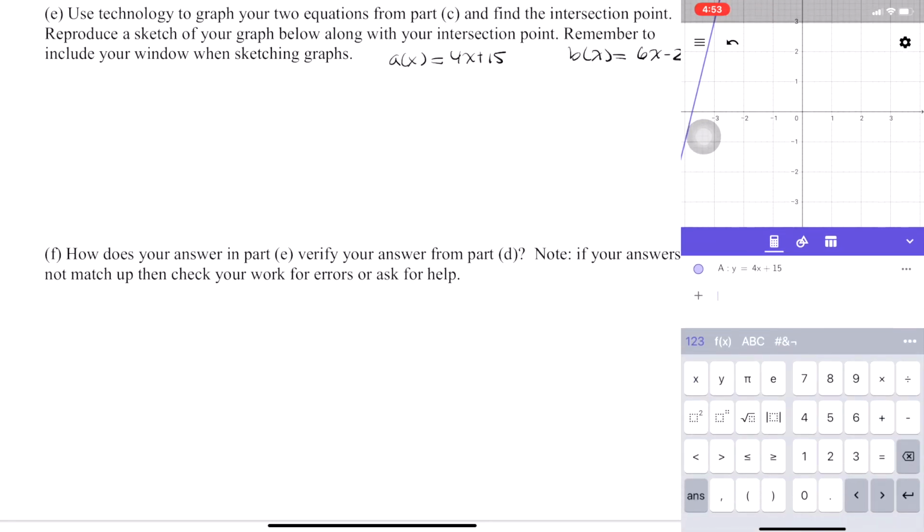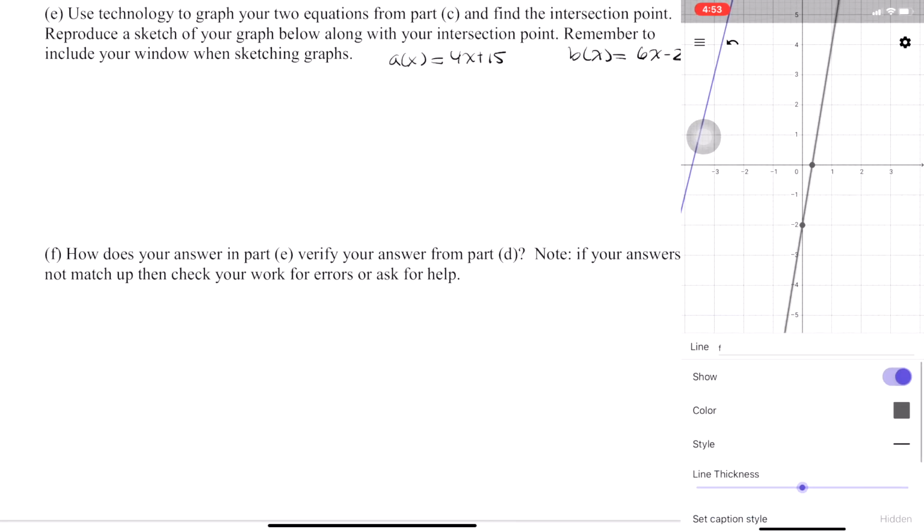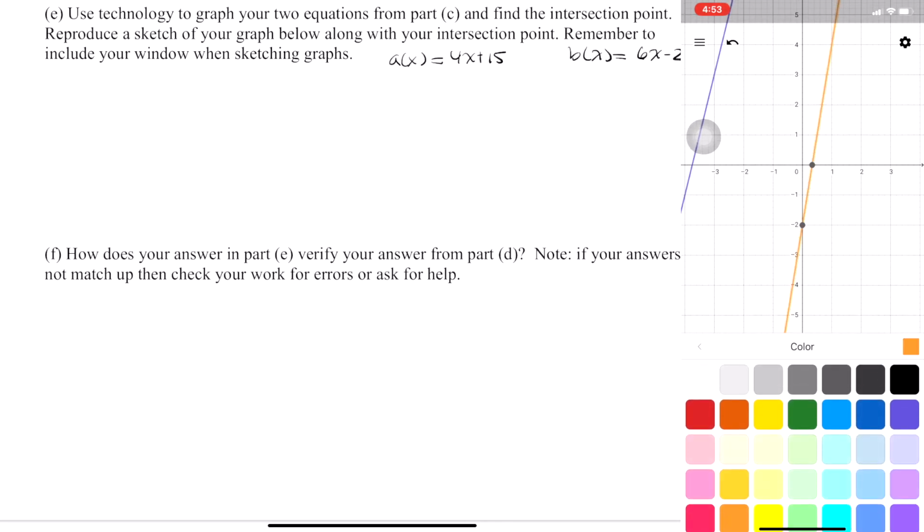Now company B, let's type in y equals 6x minus 2. And in keeping with precedent, I'm also going to rename this one by going to settings, tapping here on the first line where it actually says line, erasing that F and typing in the letter B. Additionally, I'm going to change the color to orange.